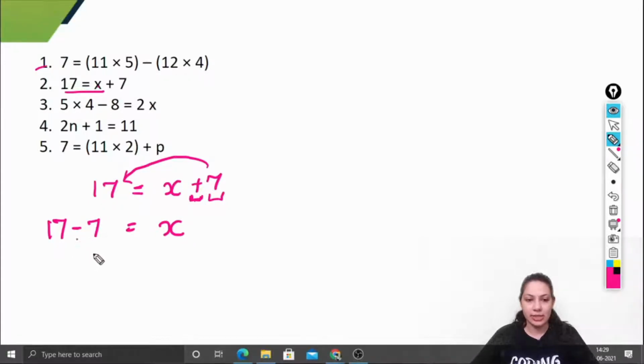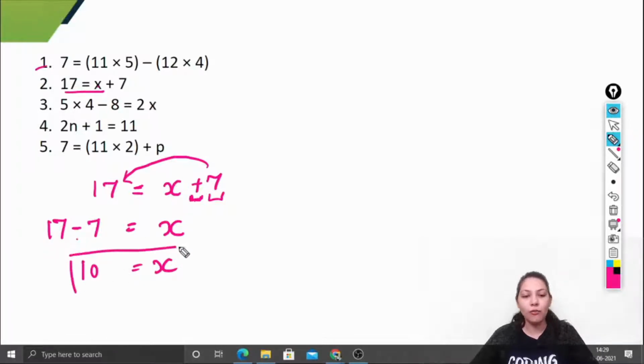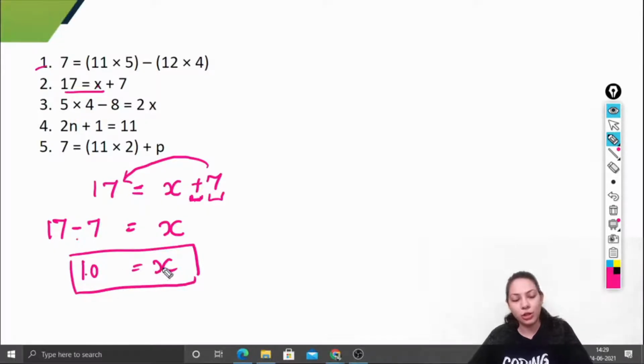The sign changes when we move any term to the other side of the equality. So 17 minus 7 is 10. This will be the solution of our equation. The 10 is the solution for the variable x and the solution for this equation.